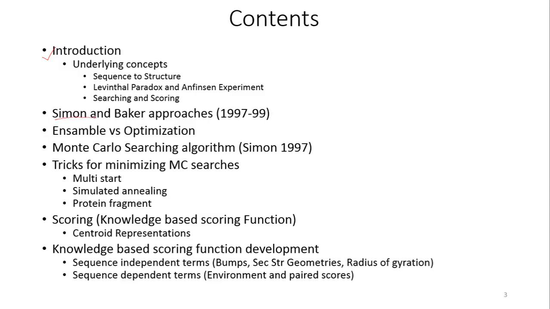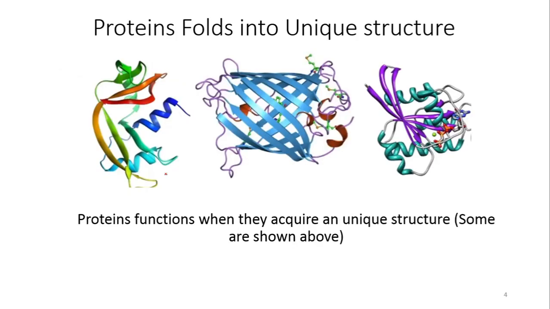One of the groups that is very famous for proposing software that uses ab initio protein structure prediction is that of the Simon and Baker lab, and they proposed these software back in 1997 to 99, or you can say in the early 2000s. We are going to deal with more of this on how these algorithms work. So let us begin our discussion.